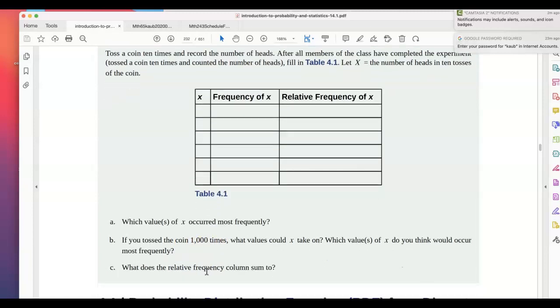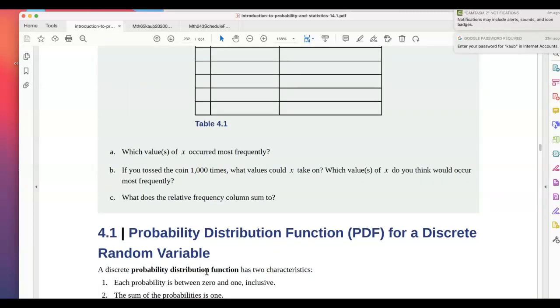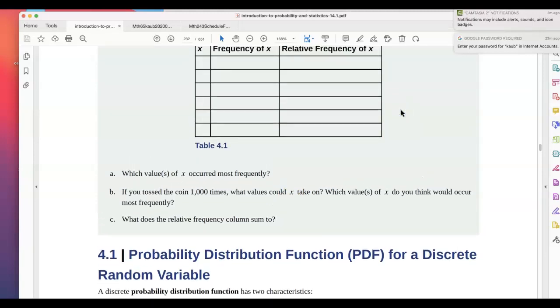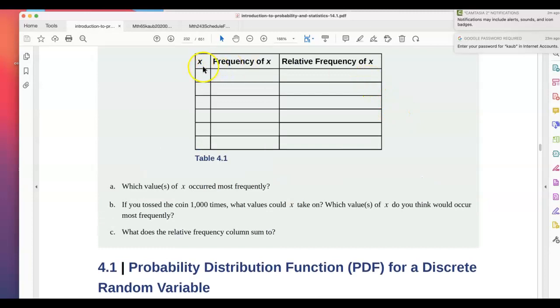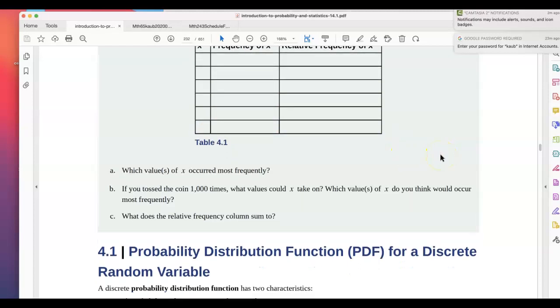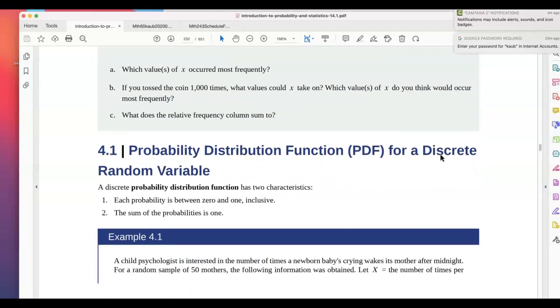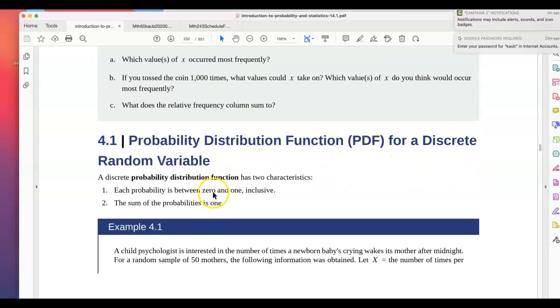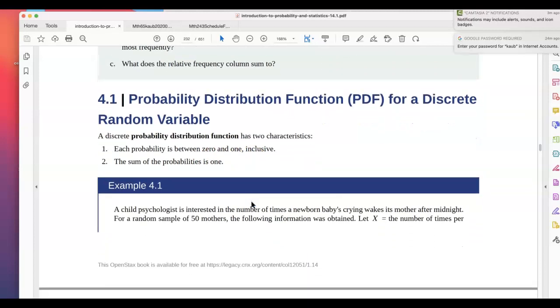Okay, so if we're doing very large numbers, then we're going to generate a probability distribution function using this relative frequency, the relative frequency of this discrete value that we put in X. All right, so two things. All the probabilities have to be between 0 and 1. And all the probabilities have to add up to 1 on that side of the chart.